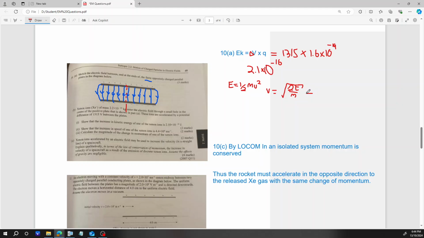So we just worked out that. So we know 2 times the energy, divided by the mass of the xenon ion we were discussing before, 2.1, and that's definitely minus 25.